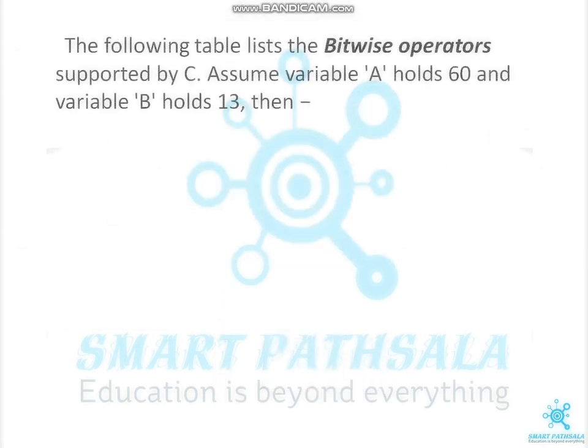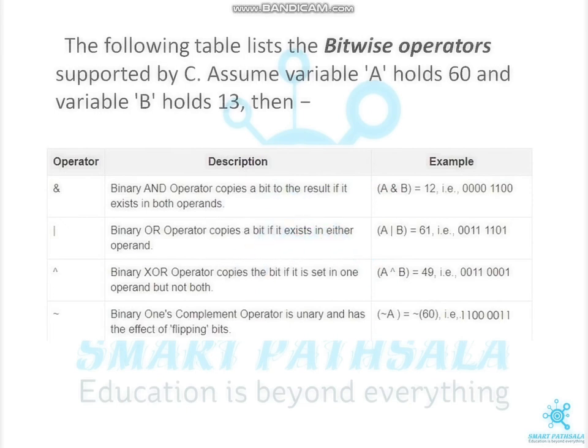Next, here is nothing but the tabulated form of the previous examples. So you can see that the binary AND operator copies a bit to the result if it exists in both operands. Now we get the previous result for A and B as 0 0 0 0 1 1 0 0. If we convert this binary result to decimal format, then we get the result as 12.